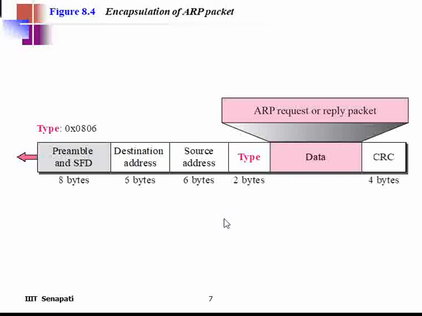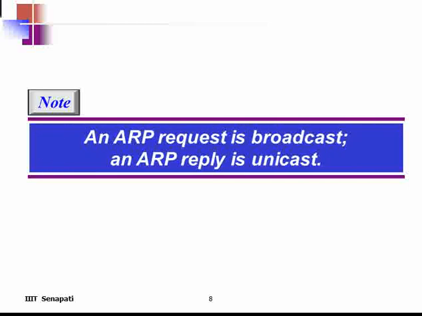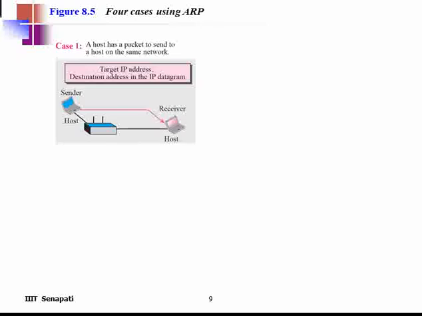Now, you would understand that an ARP request is a broadcast and a reply is a unicast. Now, the four cases of using ARP. In the first case, suppose the host has a packet to send to a host on the same network. If you want the address of a node from the same network, what will you do?